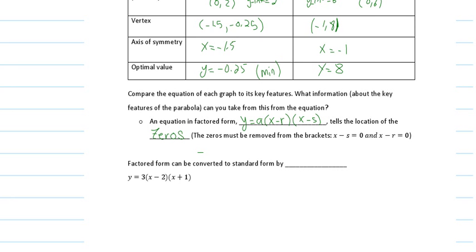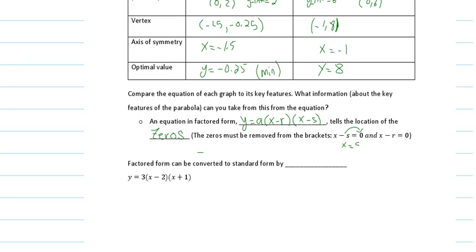So, the zeros must be removed from the brackets. Can you look at me? So, what you do, you take each bracket and you set it equal to 0. So I'm going to set x minus s equal to 0. To solve for x, I'll just bring the minus s over and it becomes a plus s.